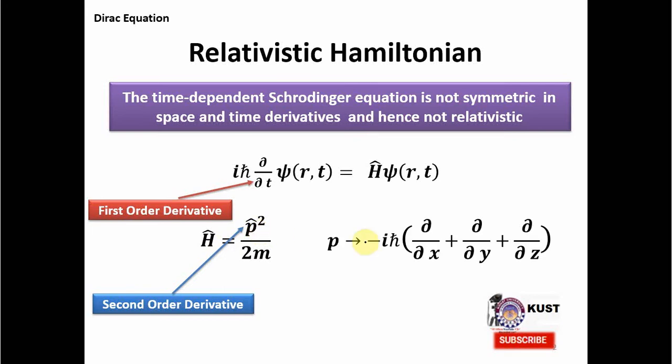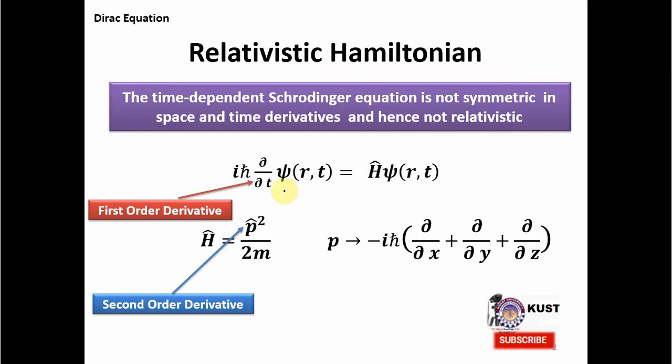If you write this p, it is equal to minus i h bar del by del x, del by del y, and del by del z. So if I put this p into p square, there will be a square of all these space derivatives.